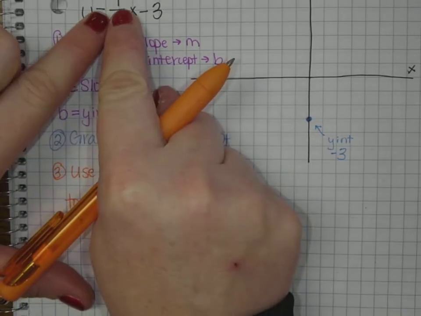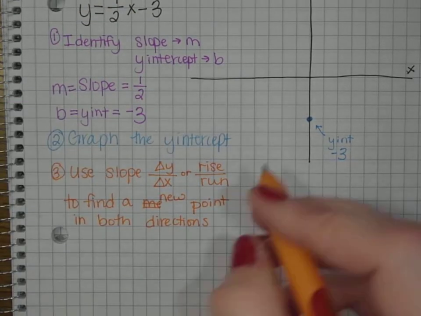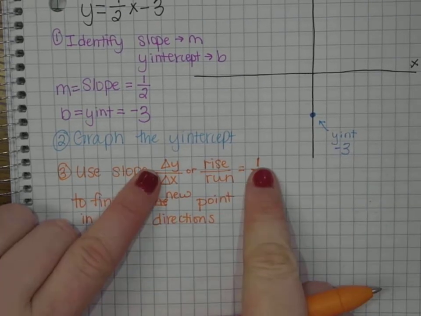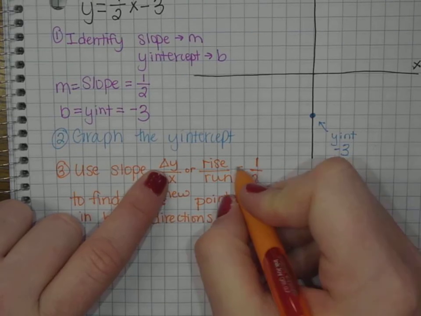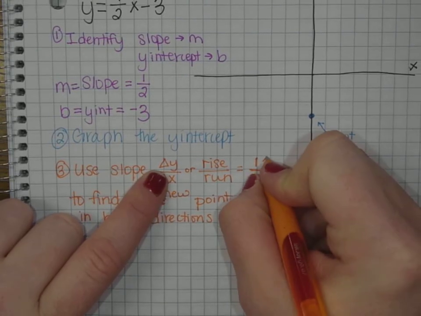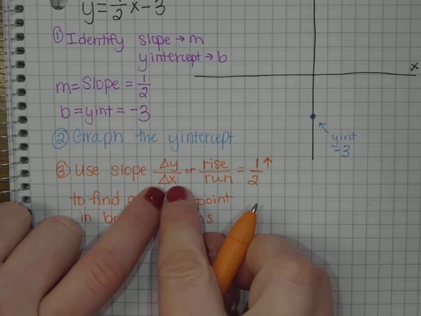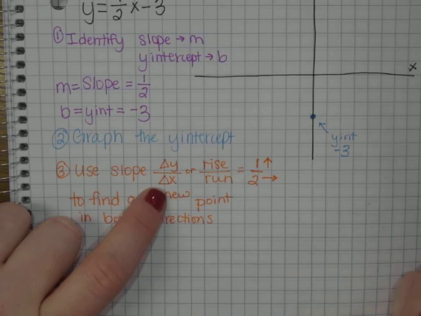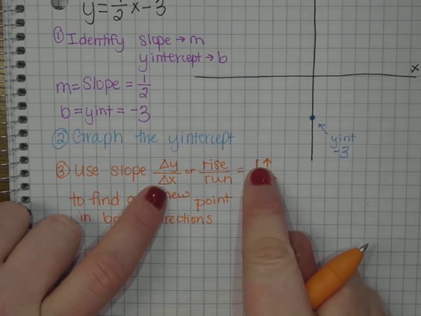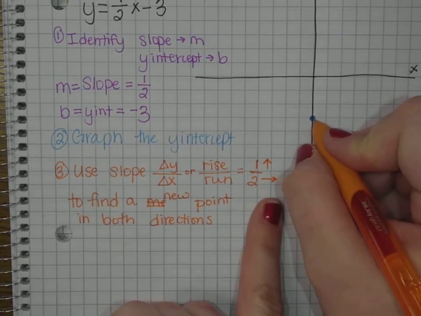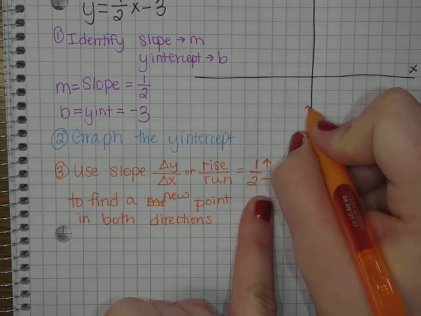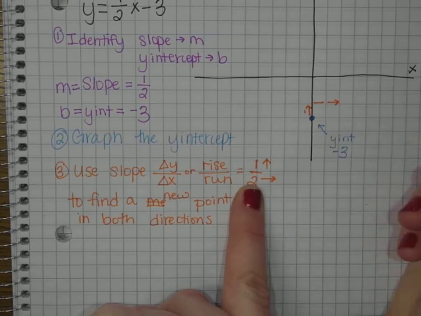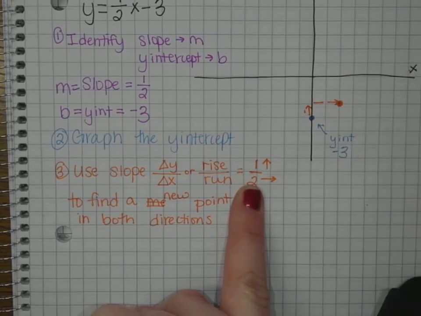So our slope was 1/2. We need to change along the y-axis 1. Since it's positive, I'm going to go up, and then move along the x-axis, which is the run, meaning I need to go to the right. Since it's positive, you move right. So from this point, I'm going to go up 1, and then move right 2. So my point would be right there.